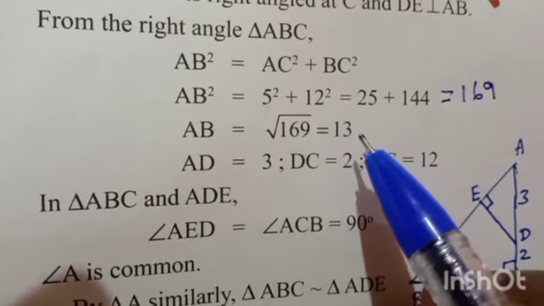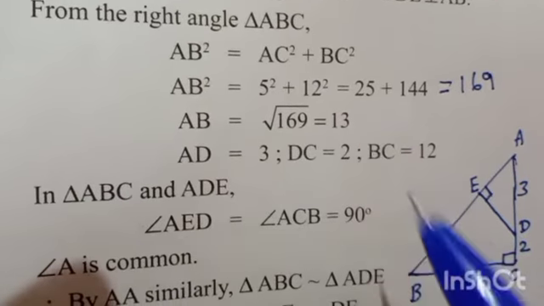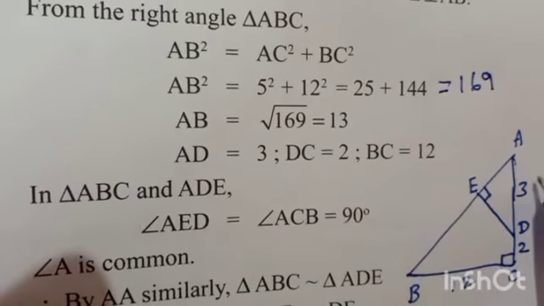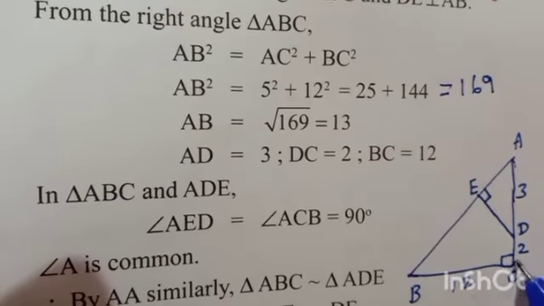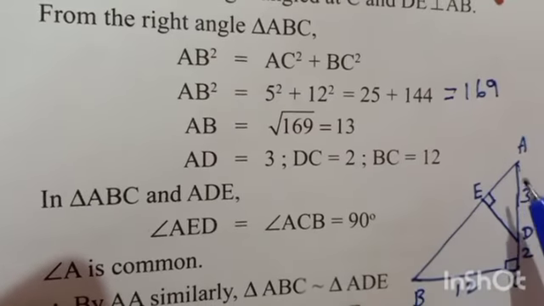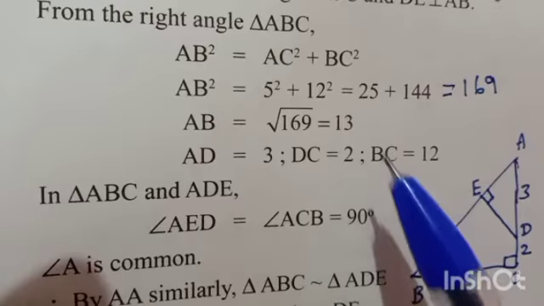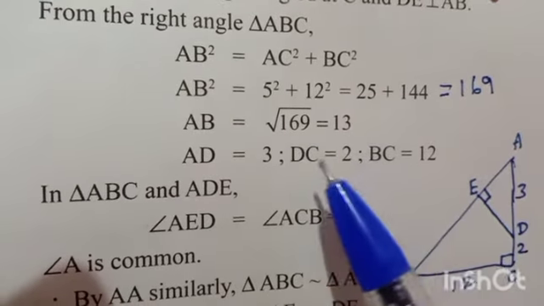You know that value, that is 13. Root 169 value is 13. Yes, we know that AD is equal to 3, DC is equal to 2, BC is equal to 12. So now what we found: AB is equal to 13. So whatever values are given, you have to write.